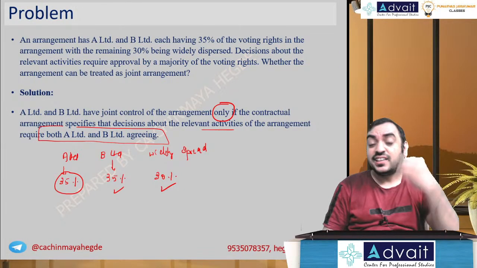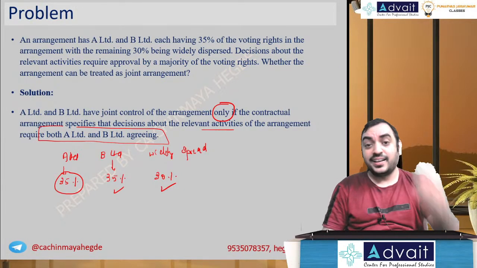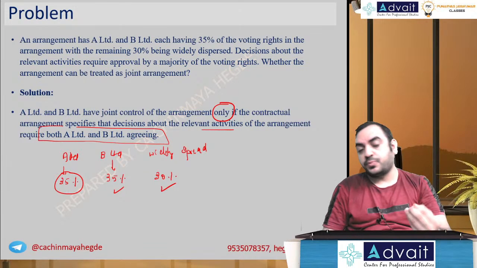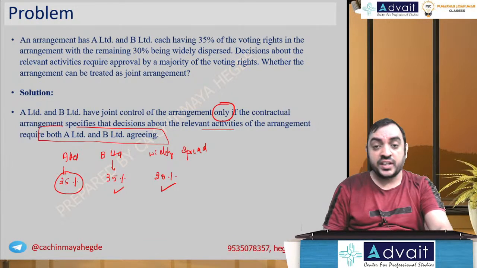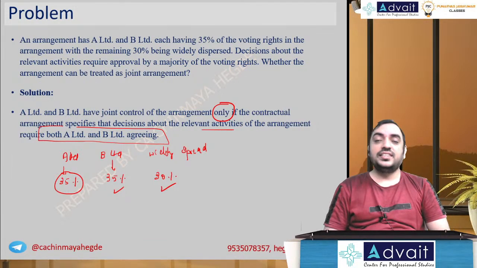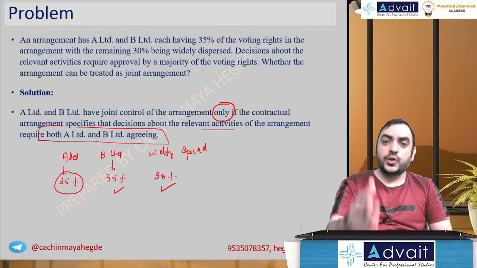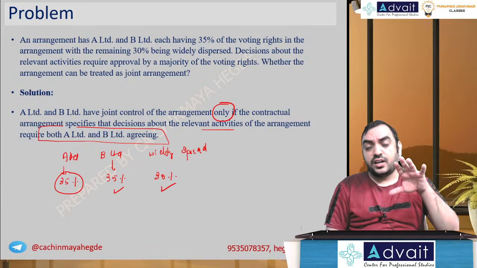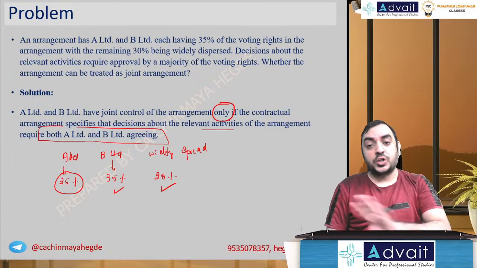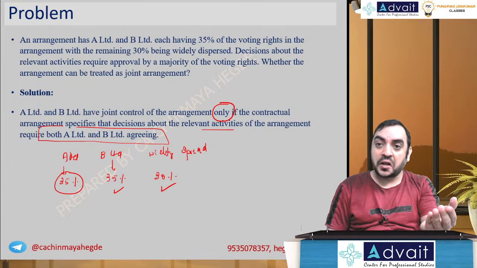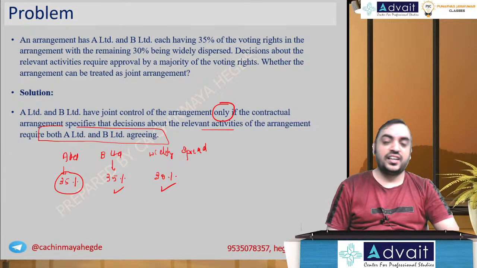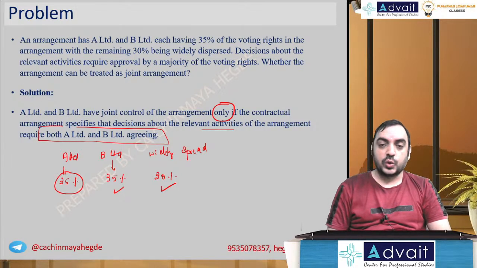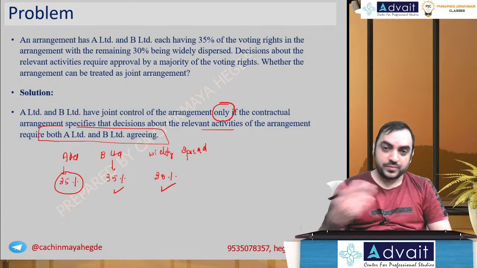Unless there is a contractual arrangement, there is no joint control based on this information. But the solution is given conditionally: a mere 35-35 is not sufficient. If they have a contractual arrangement, then you can say there is joint control. Hope you understood. I'll go further.